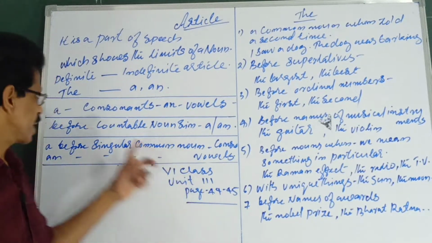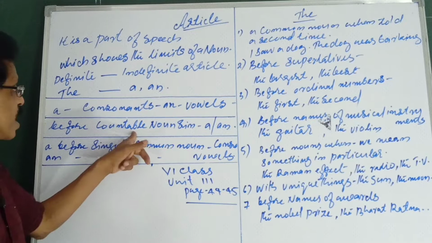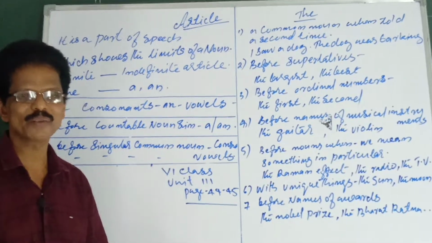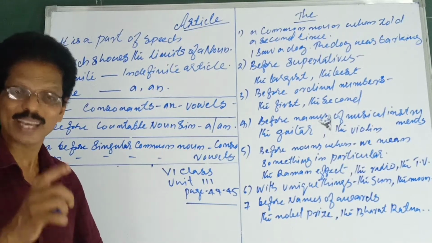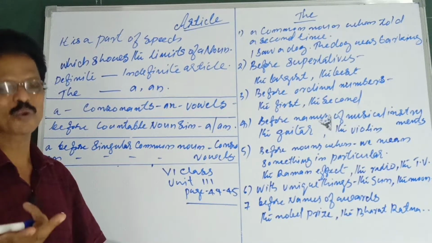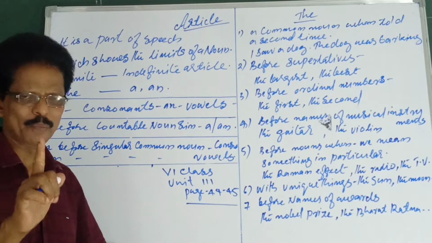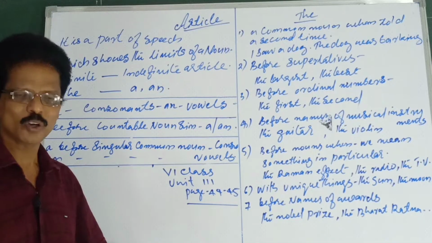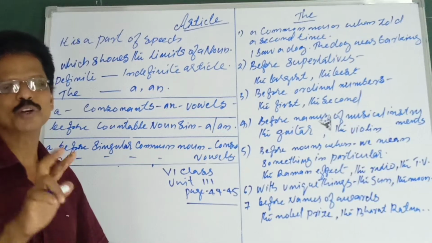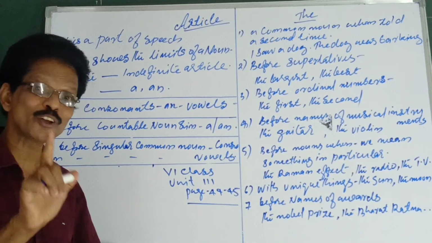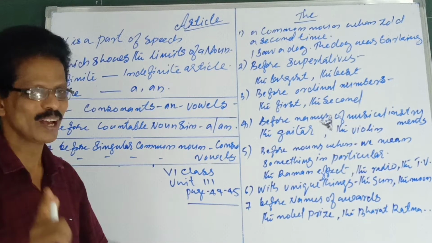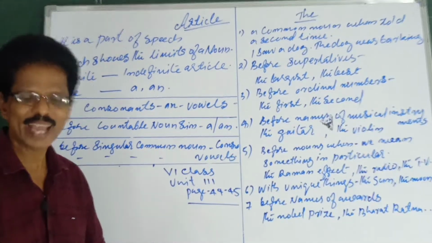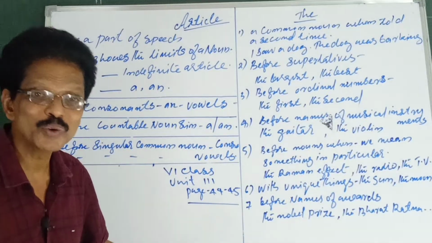You cannot say that I want a book or two books mixed up; a means one. An umbrella means one umbrella. So, I want a book or two books. If it is a singular countable noun, either a or an must be used.